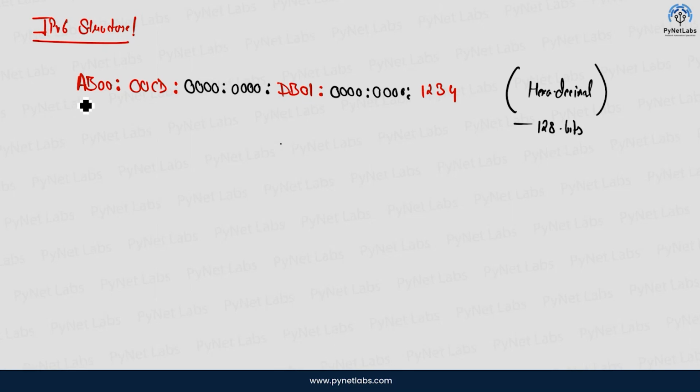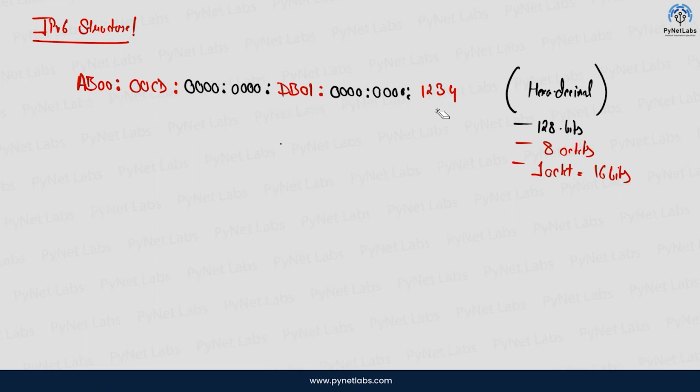Suppose that this AB00 is there. So this complete octet, if you see how many octets are there: 1, 2, 3, 4, 5, 6, 7, 8. So there are 8 octets, right? Where one octet is equal to 16 bits. So technically, 8 into 16, you are going to get 128, which means this is a total of 128 bits.